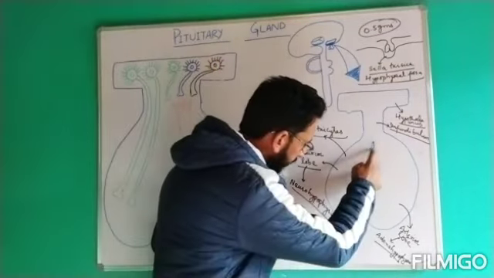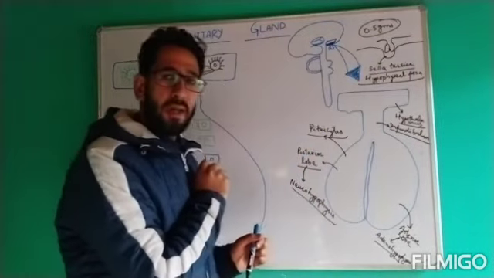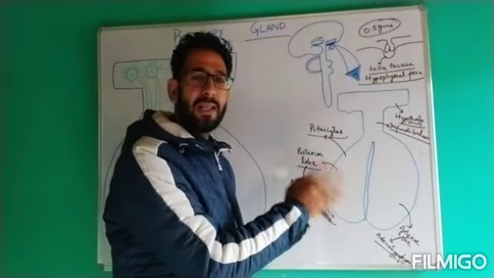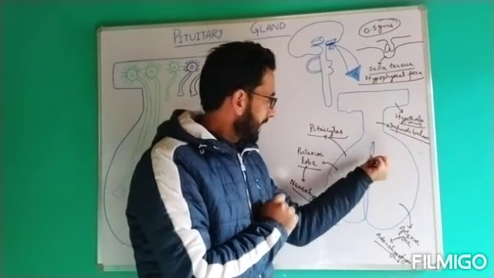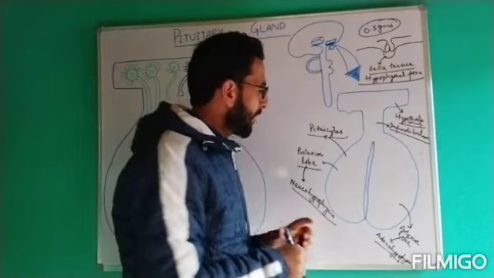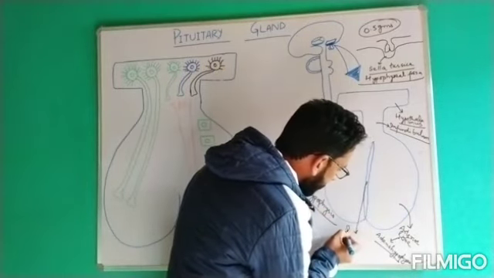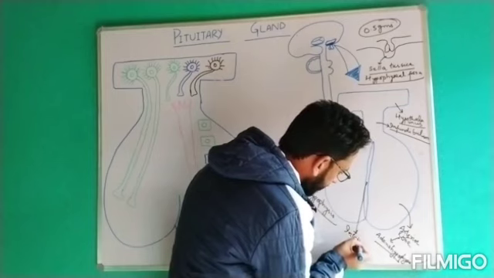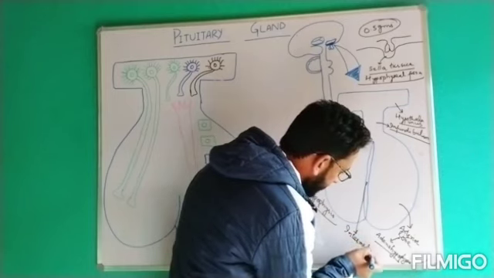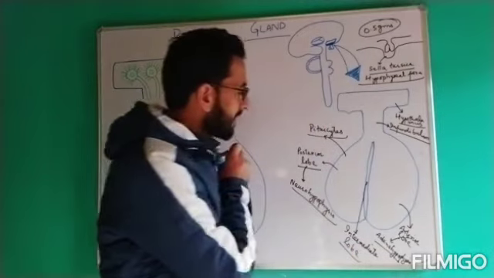Then there is this small lobe in between the anterior lobe and posterior lobe, which is histologically similar to the anterior pituitary gland, or anterior lobe. Fine. This lobe here is called the intermediate lobe.